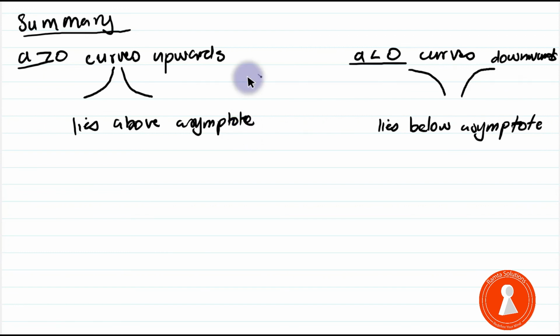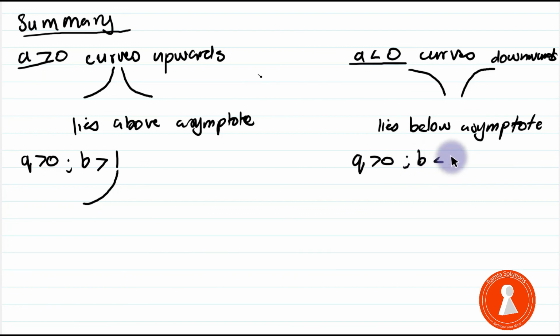But the B's, we somehow need to be careful with regard to the B's. Okay? So, now, check this out. When Q is greater than 0 and B is greater than 1, your graph looks like this. In the same manner, when Q is greater than 0 and B is less than 1, let me start with greater.